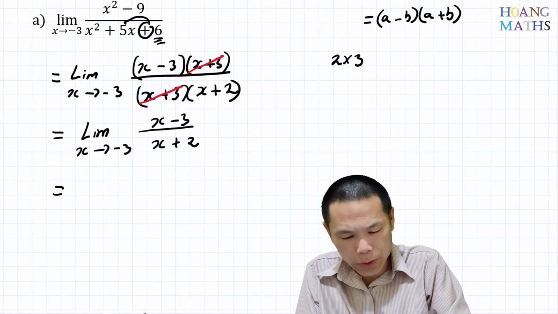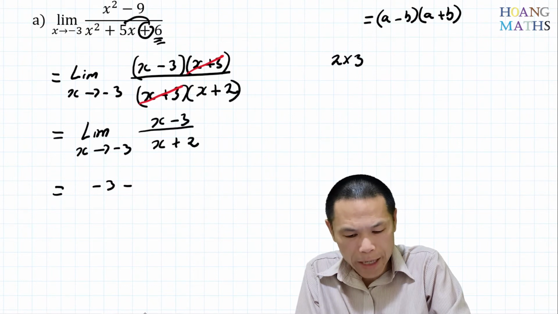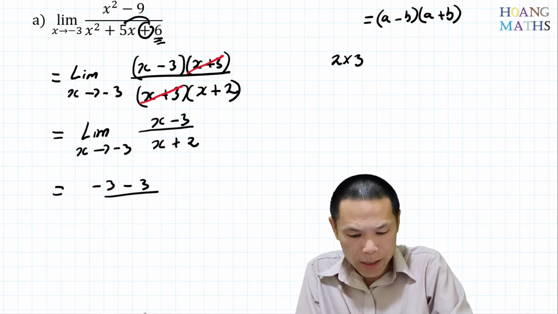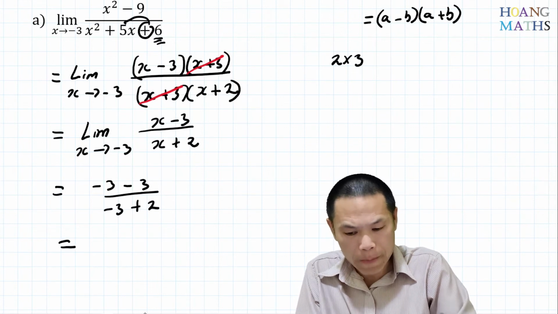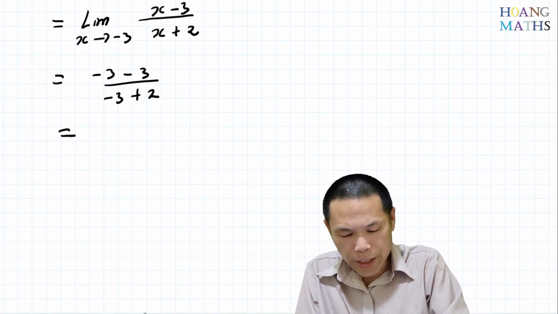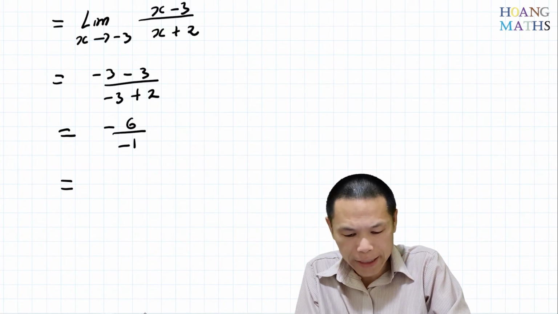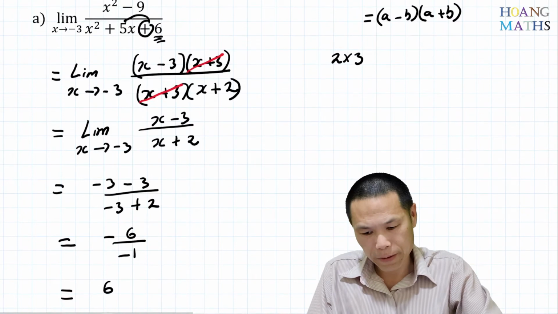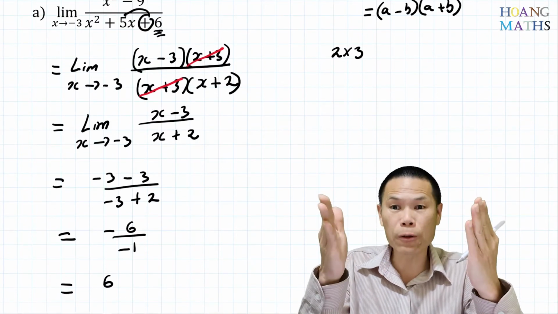So that is equal to negative 3 minus 3 over negative 3 plus 2. That will give me negative 6 over negative 1. So the answer is 6. There you go.